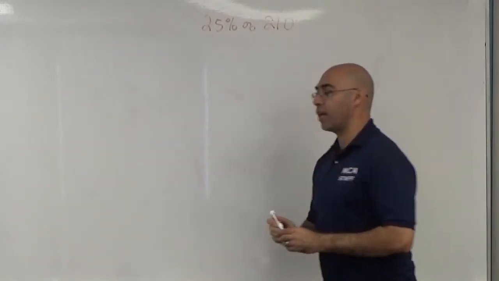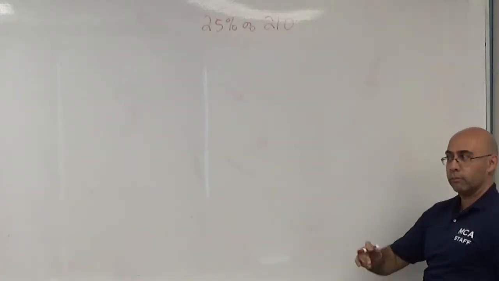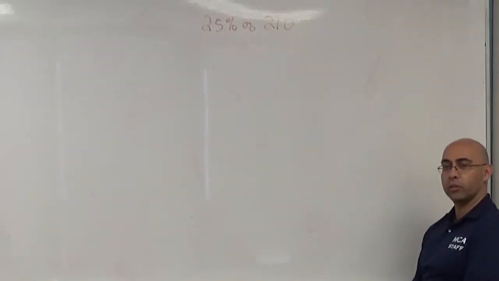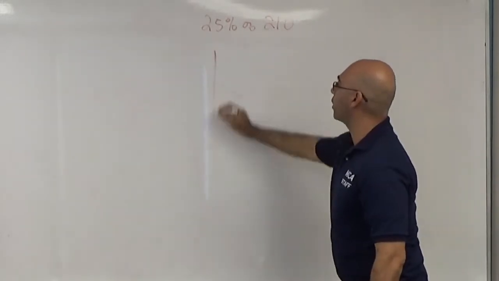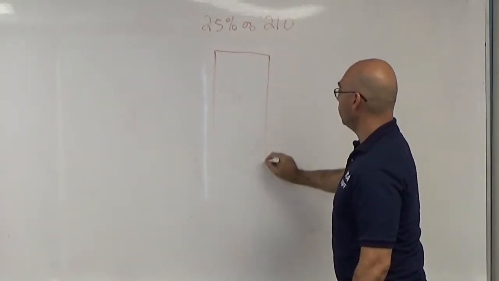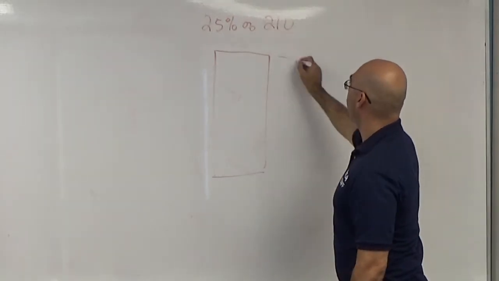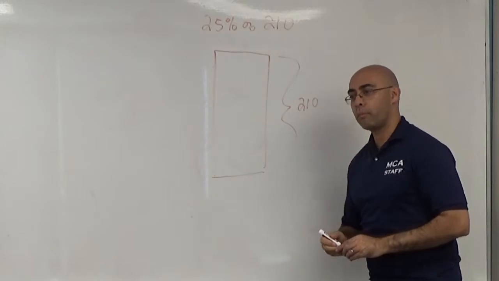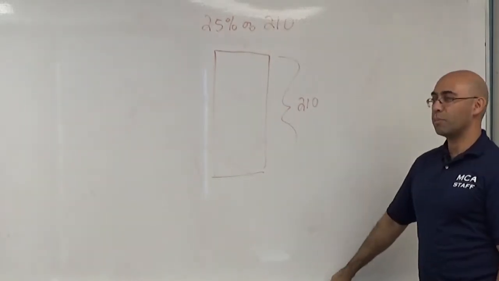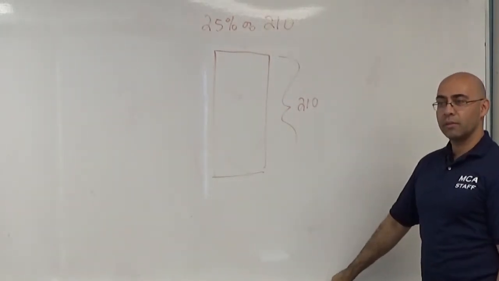25% of 210. Any ideas on what you could do to figure this one out? Let's use the picture. So the whole thing represents the whole thing. Should I split this up into 10 pieces?